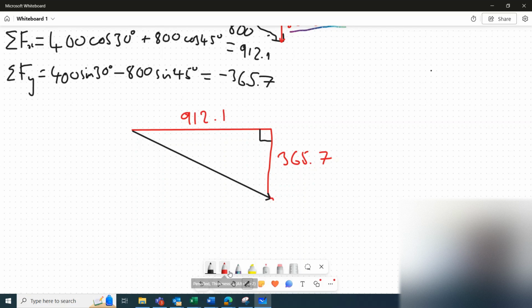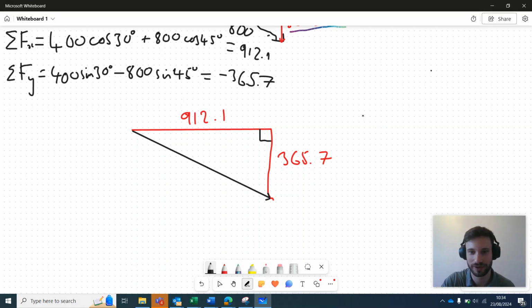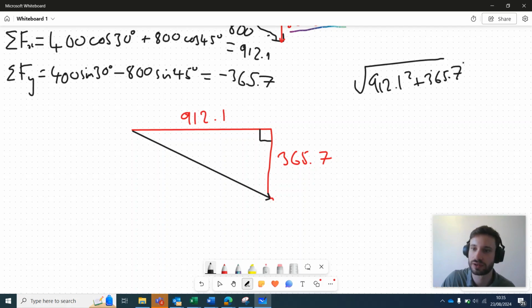Okay, so if I wanted to find the magnitude here, that would just be the square root of 912.1 squared plus 365.7 squared. If you're unfamiliar with how we got this, I'd suggest refreshing your understanding of Pythagoras' theorem.